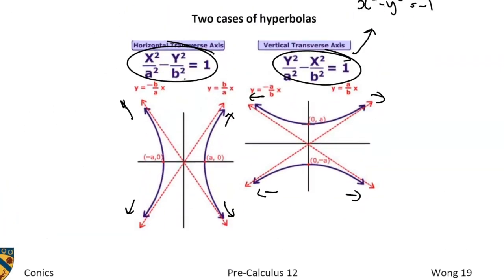Now, when we take a look at our two cases of hyperbolas, I don't know if this is gimmicky or not, but I often think that this first one right here actually kind of looks like, when math teachers write x's, they write them like that. It almost looks like if you were to split that apart, it would be kind of like this.